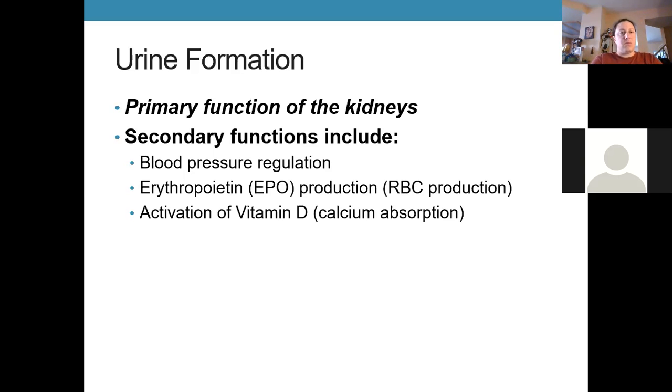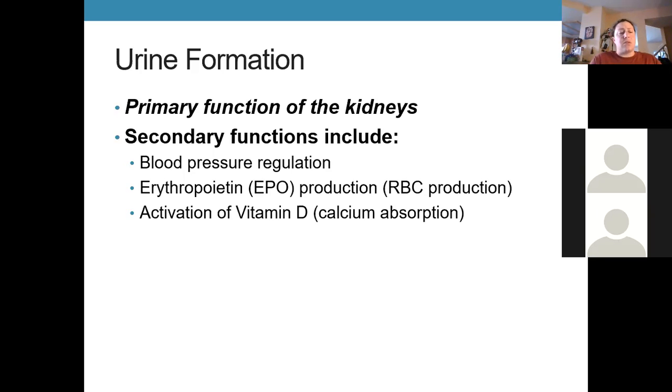And we've also talked about the intrinsic regulatory mechanisms that the kidneys have in terms of blood volume as well. And that, of course, also affects the composition of the blood, like sodium levels. And we'll touch on that again today to make sure we're clear on how this works from the point of view of the kidneys.